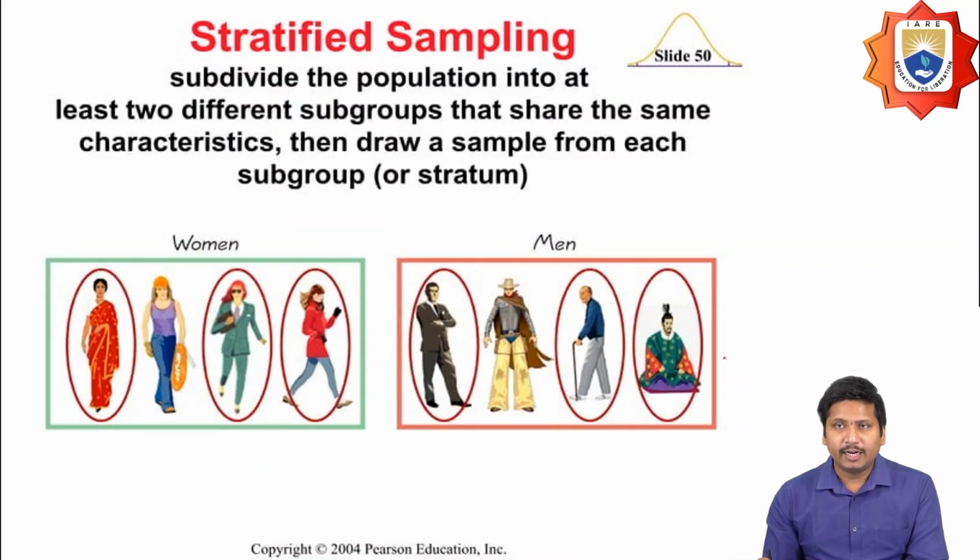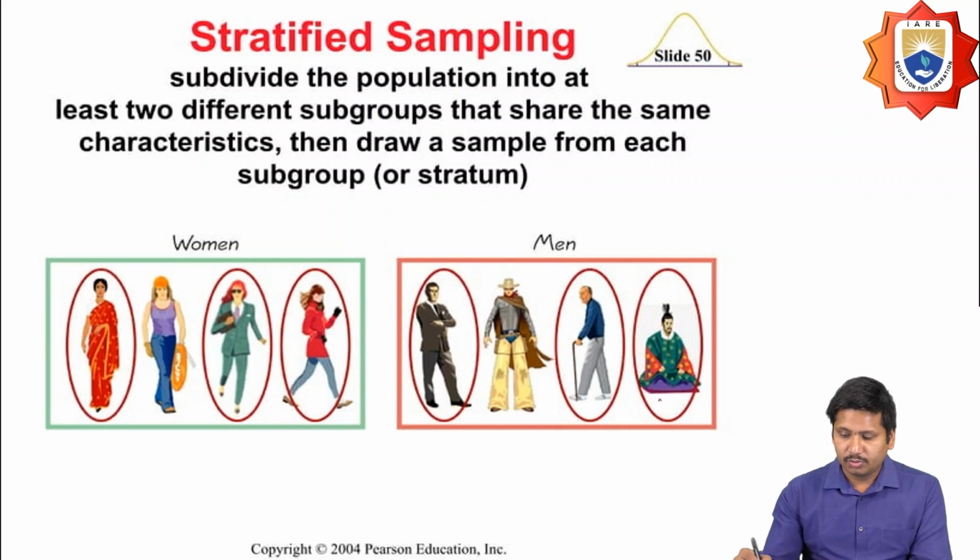And next one is stratified sampling. Here the population is divided into subgroups, where each group has similar characteristics, and the sample is drawn from each subgroup.